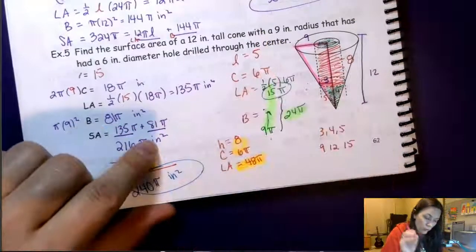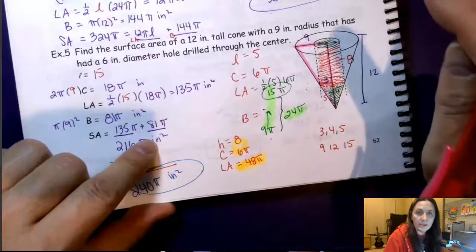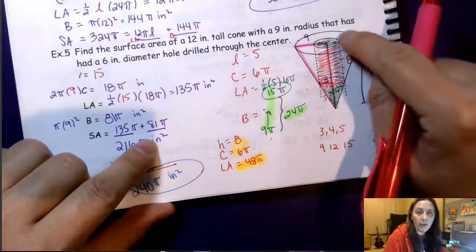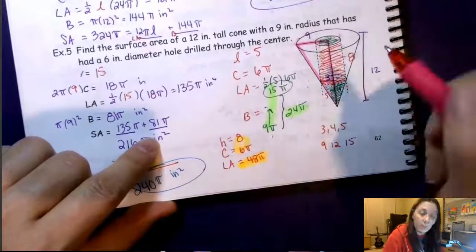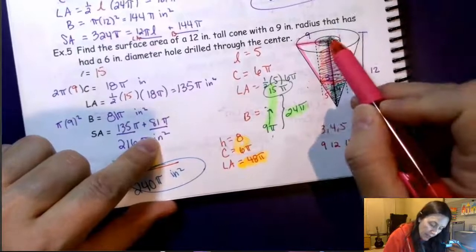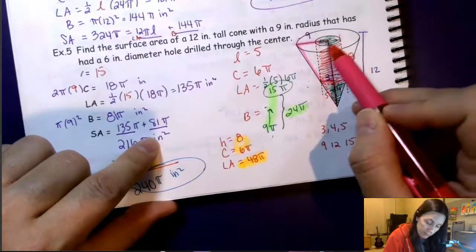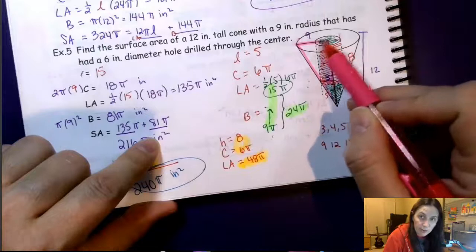Now, what we have to think of is we have the surface area all on the outside here, but we need to take away this area because it's no longer going to be there.